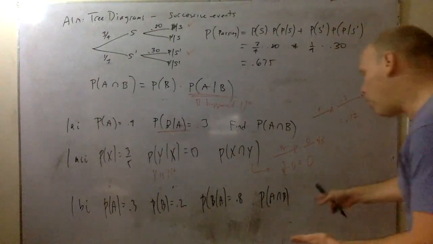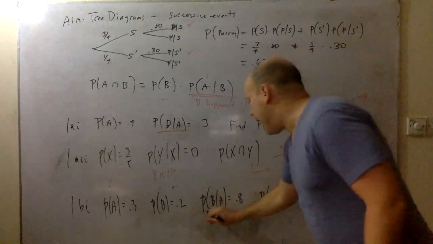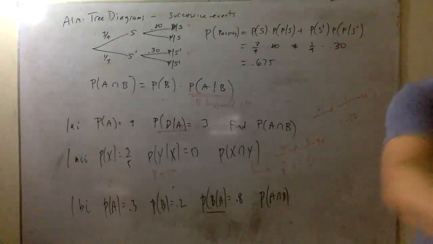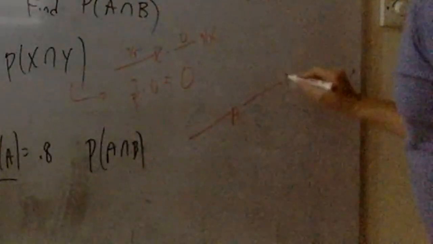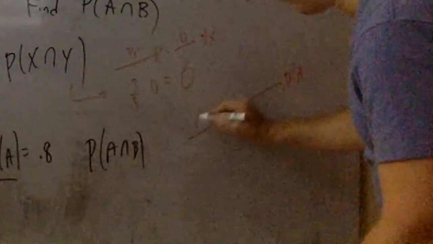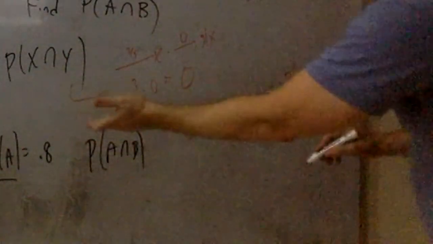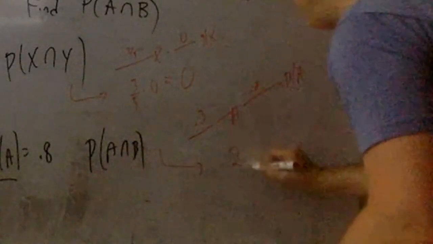Oh, I see. Okay. If they want the probability of A and B, we say A happened first, so I make my tree. The first thing is A, and then the next thing is B, given A happens. The probability of A is 0.3, the probability of B given A is 0.8, and so the answer is simply 0.24.